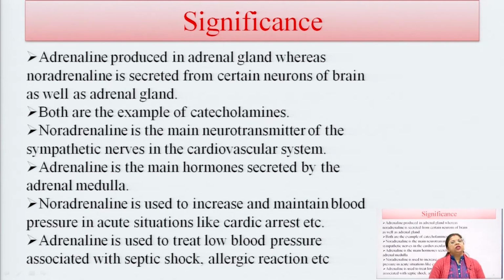In such a condition, when shock occurs in our body, or any allergic reactions, when our blood pressure is going down, adrenaline is released or synthesized in the body, and it works to control the reduced blood pressure, or hypotension. Okay.